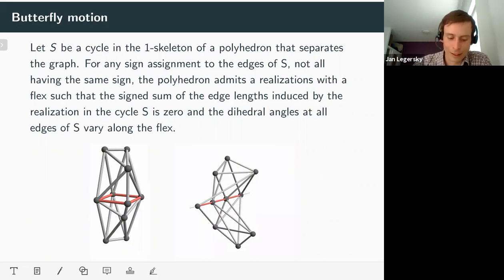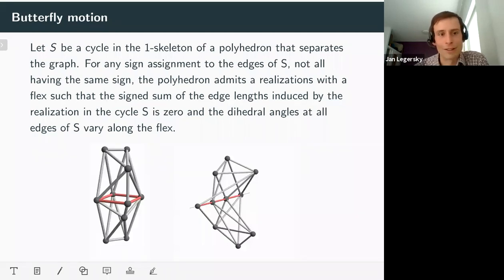So now if I have the one skeleton of a polyhedron and I fix a cycle such that if I remove the vertices and edges of this cycle, it will separate this graph, and I fix a sign assignment for the edges of this cycle such that not all of them have the same sign, then I can construct a polyhedron that is pretty degenerate, but it has a flex such that the edges in this cycle change their dihedral angles during the flex. So the construction is known, it's the so-called butterfly motion.